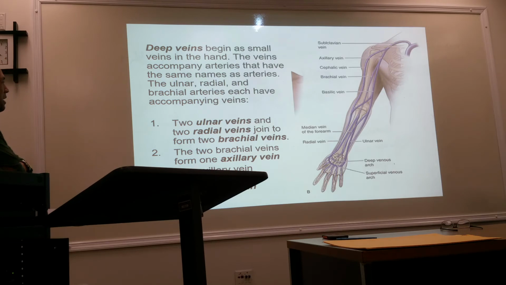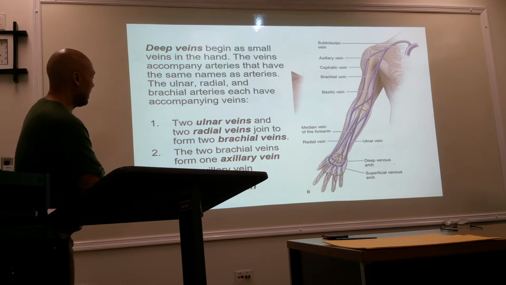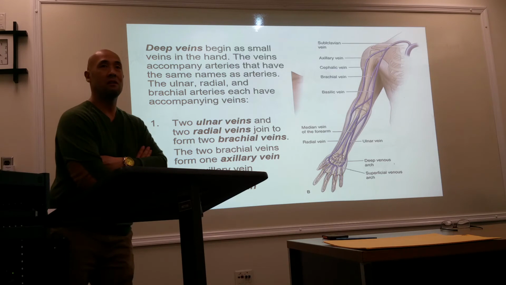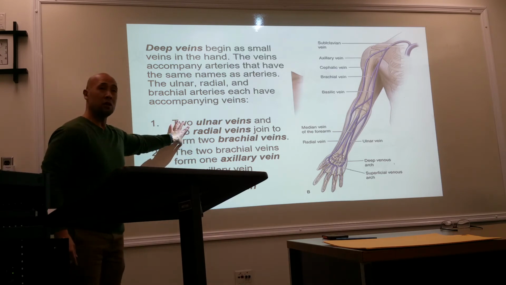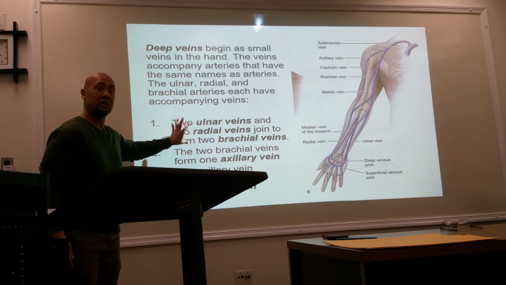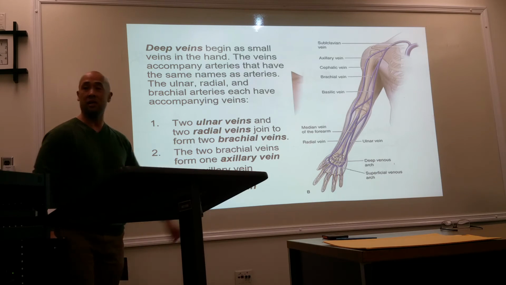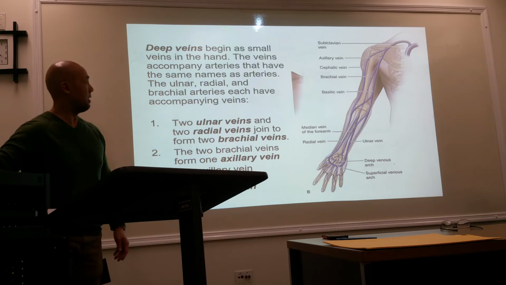The 2 brachial veins then form 1 axillary vein, and the axillary vein becomes the subclavian vein. Any questions there? No. Okay, so we have 2 ulnar, 2 radials, and it turns into 2 brachials. The brachial is going to form the axillary, which then turns into the subclavian. Okay?